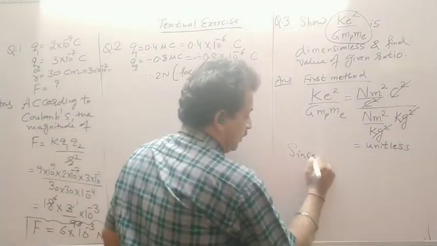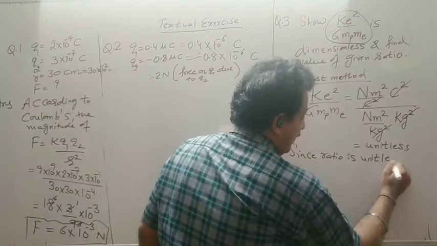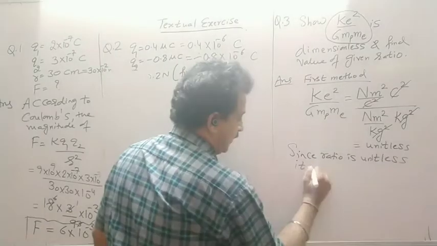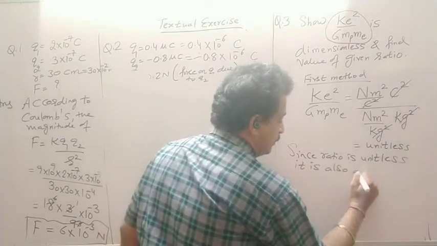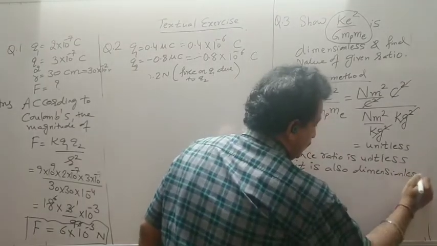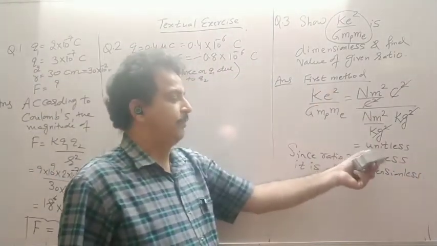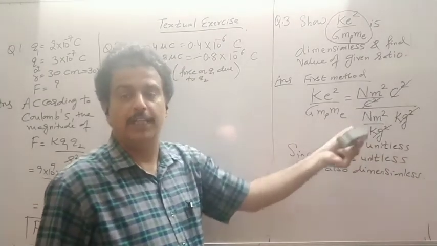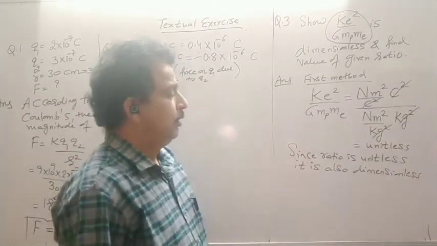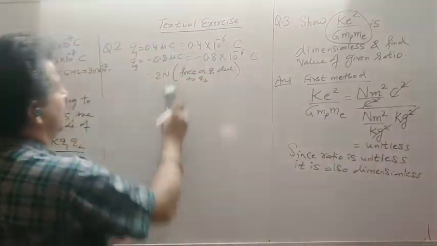Since the ratio is unitless, it is also dimensionless. If you substitute the dimensions, you will get M0, L0, T0, A0, etc. But here we have substituted the units.